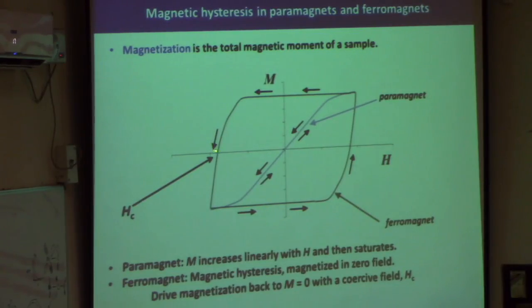At this point, the field is referred to as the coercive field. When you coerce somebody, you push them into doing it. So what you're doing here is coercing your material to go back to a state in which it was not magnetised. That is a well-defined signature of the magnet.